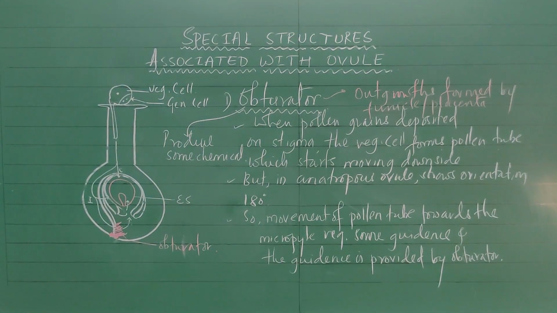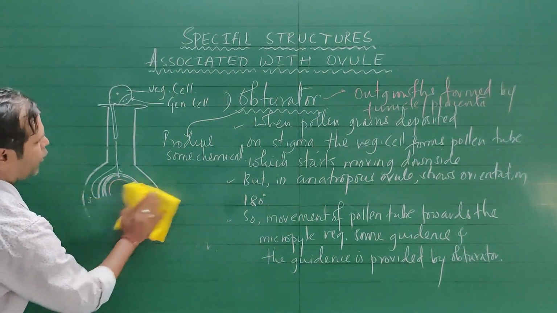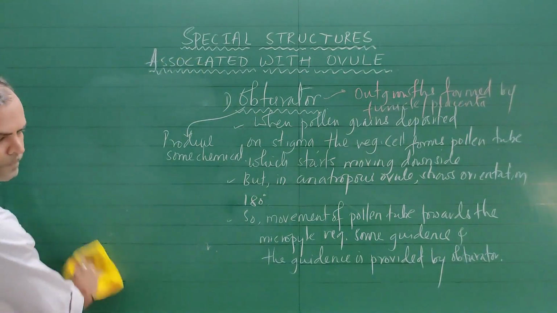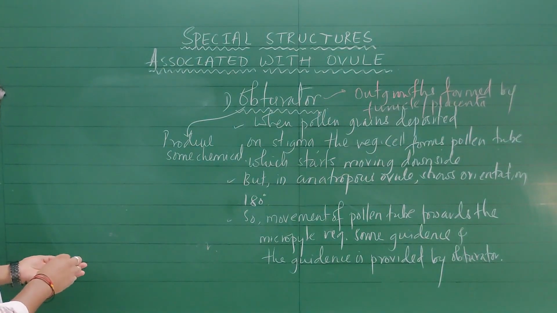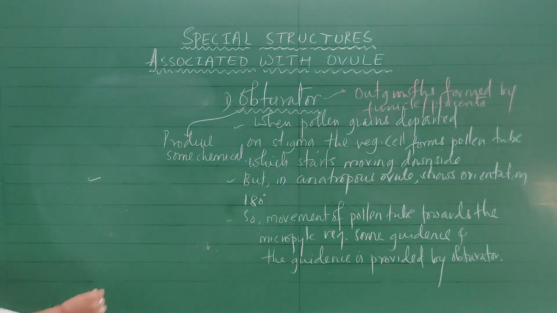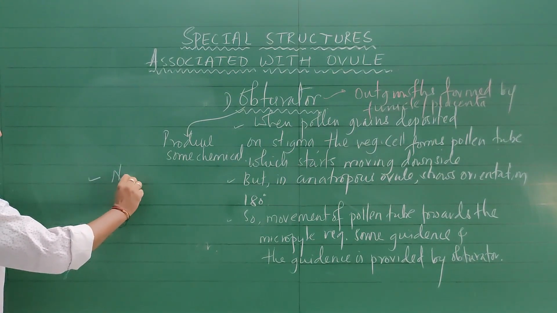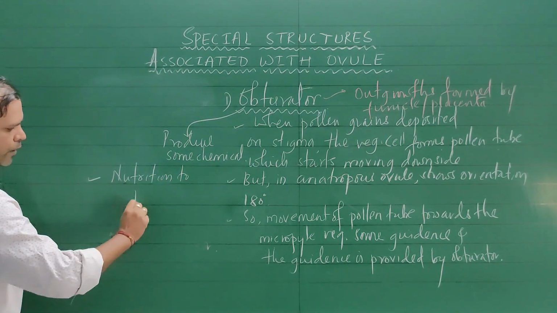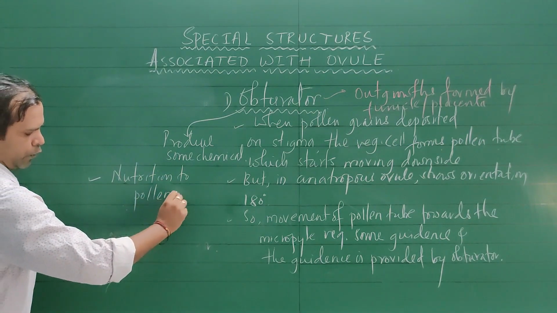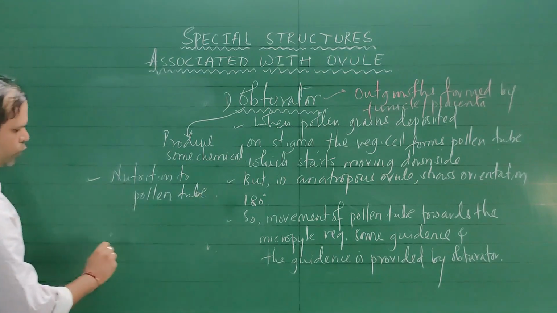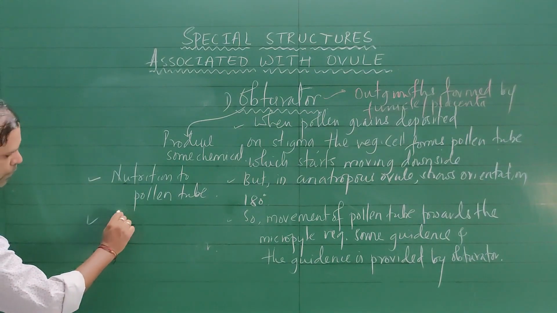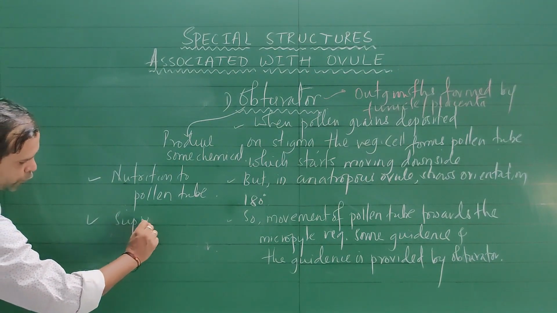The second function of the obturator is to provide nutrition to pollen tube. The third function is it also provides support to pollen tube.